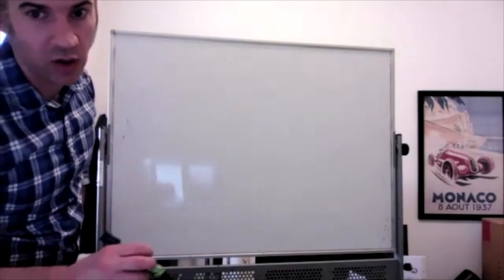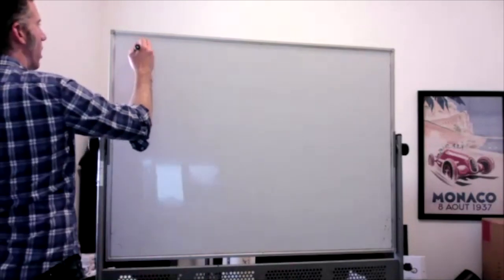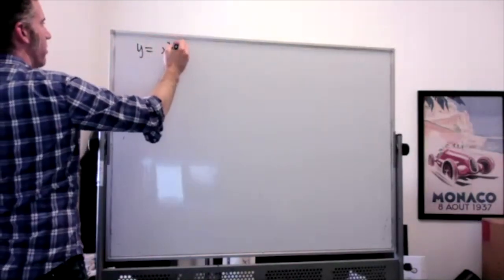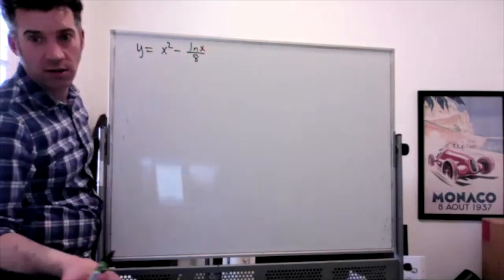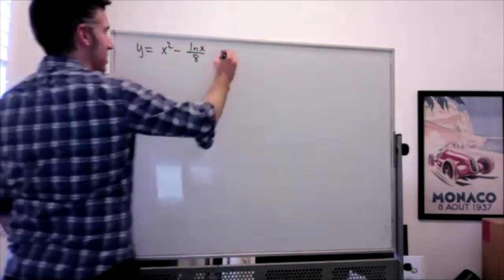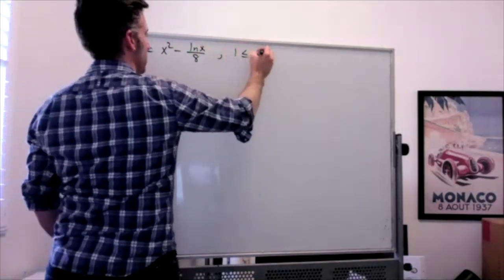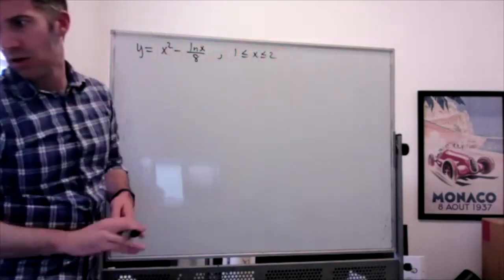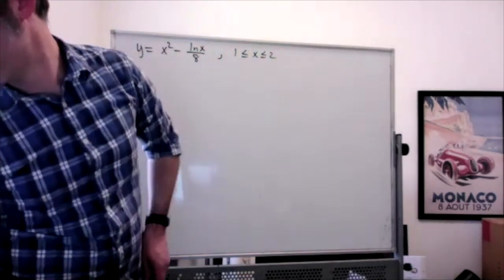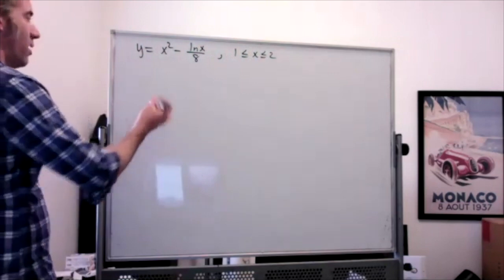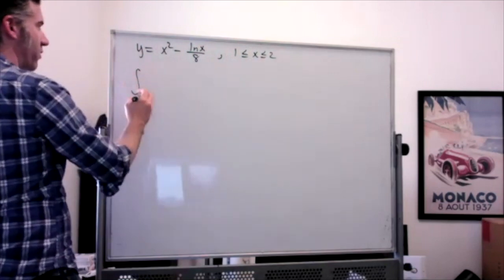Let's say we've got y equal to x squared minus the natural log of x divided by 8. And then we're going to again say x is between 1 and 2. All right, so I'm just going to go full formula.